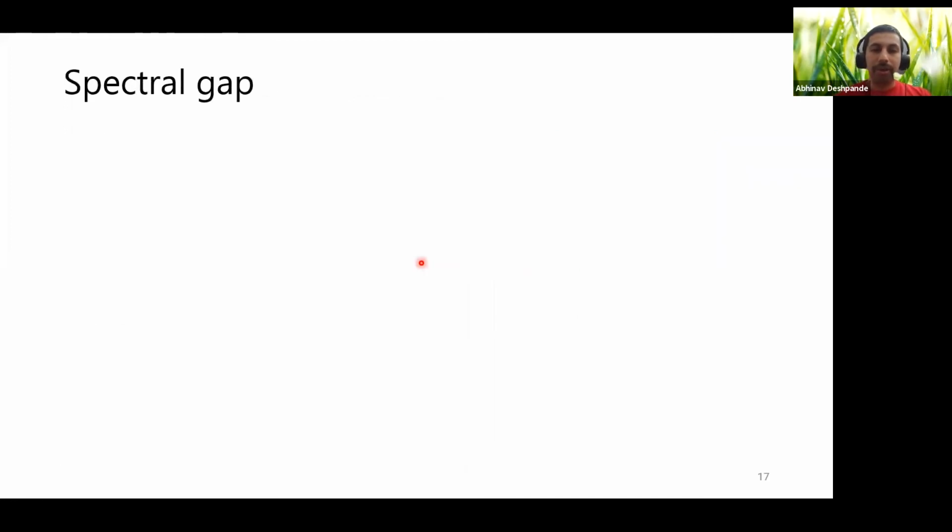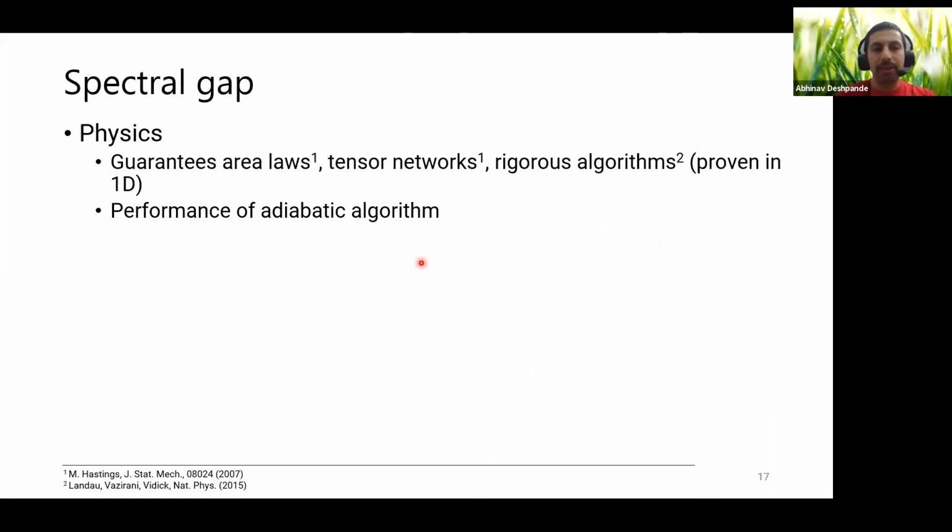One of these is the spectral gap. In physics, we know that the spectral gap has lots of nice properties. For example, it guarantees area law, the existence of efficient tensor network representations, and rigorous algorithms to compute ground state energies.